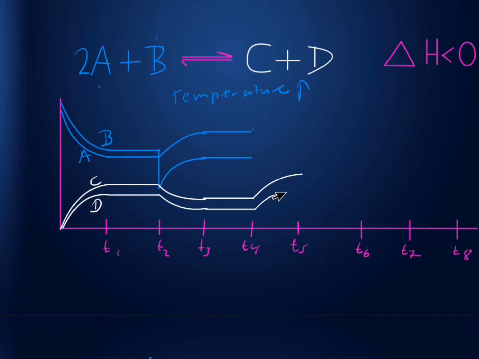Let's make it a curved line, something like that. I don't know why it keeps doing this. Let's do this. Then we're going to have a new equilibrium being established, and here same thing. As for the reverse reaction, since the forward reaction was favored, the reverse will now have to decrease.